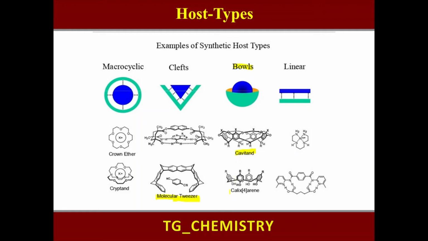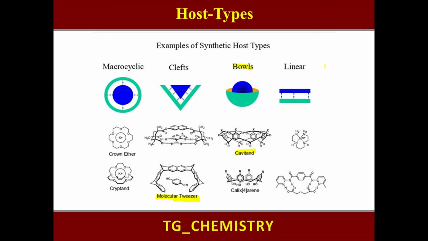Now the calixarene is a macrocyclic or cyclic oligomer based on a hydroxyalkylation product of a phenol and an aldehyde. Generally they form a circular structure within which the guest molecule can come and fit accordingly.